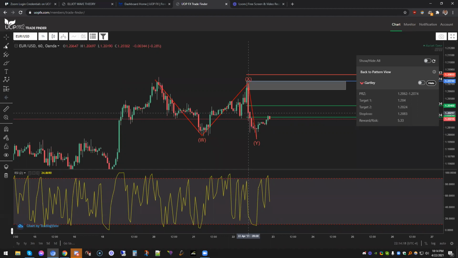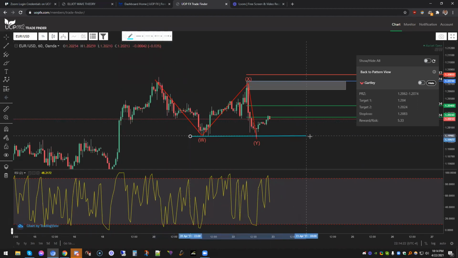So this level is the support level because this is the previous low, right? So you're looking for your exits at this level, and you're looking for your exits at lunchtime.